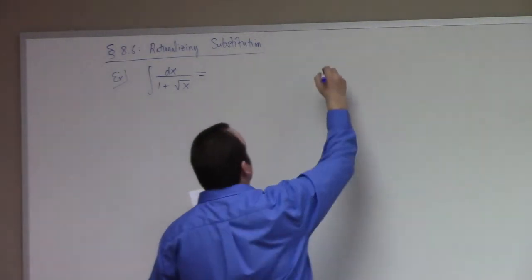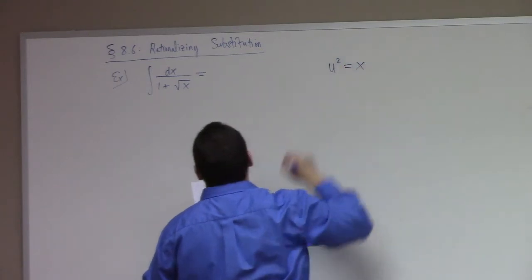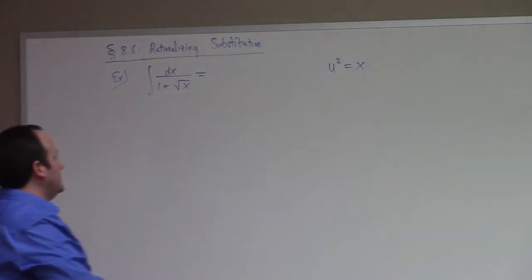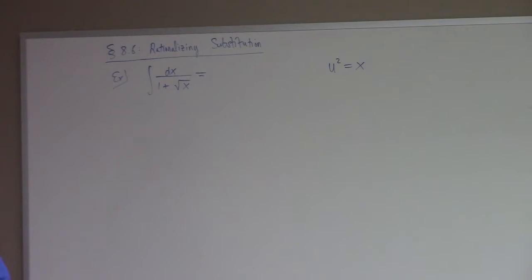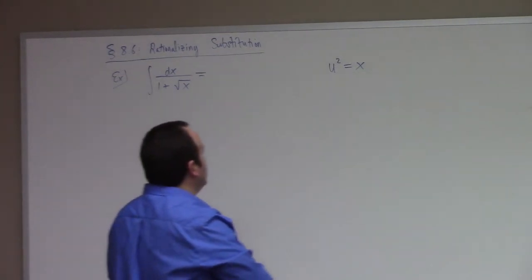What we're going to do is say u squared is equal to x. That's a reasonable substitution to make because, hey, I'm taking the square root of x. So apparently we're assuming x is what? We keep it real in here. It's positive, right? Non-negative at least. So u squared equals x is not nuts, right?